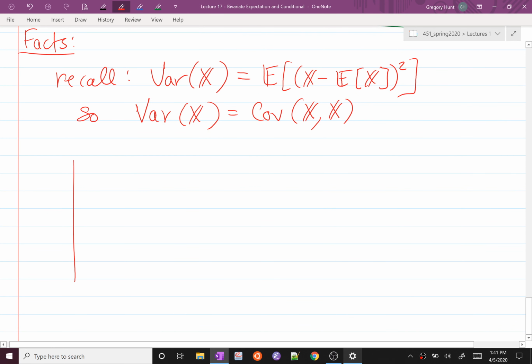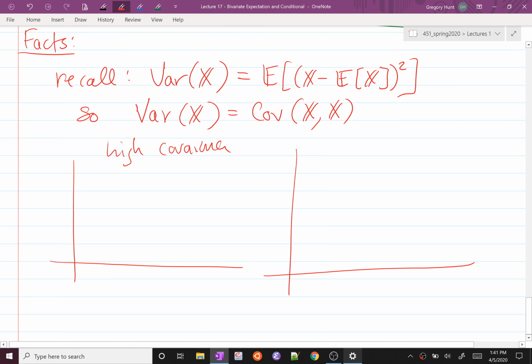And for the picture, we could look at high covariance. Imagine you have samples, so this is kind of the sample statistics. High covariance means that X and Y move linearly with each other, so they're approximately on some line, whereas low covariance means that they don't have any relation.